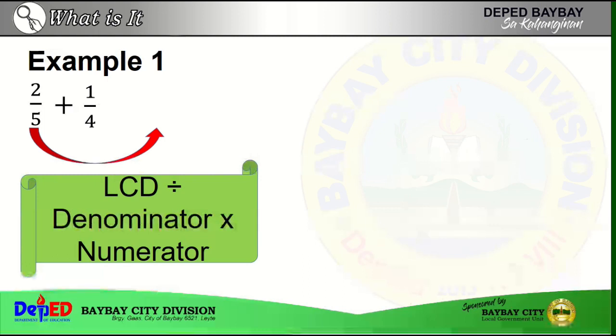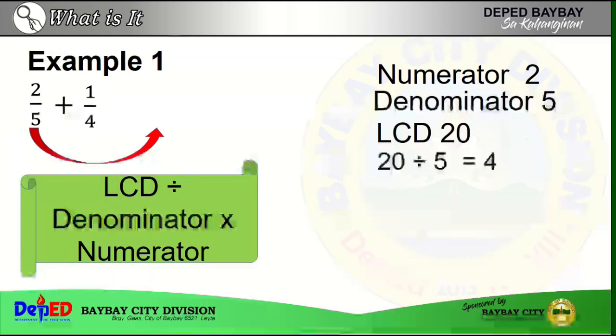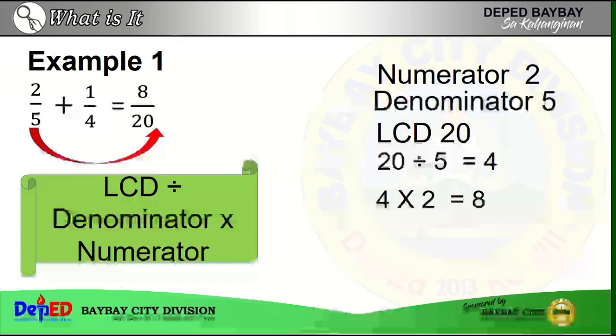For 2 over 5, our numerator is 2, denominator is 5, and LCD is 20. So LCD 20 divided by denominator 5 is equal to 4. Then 4 times numerator 2 is equal to 8. That is why we have 8 over LCD, which is 20.